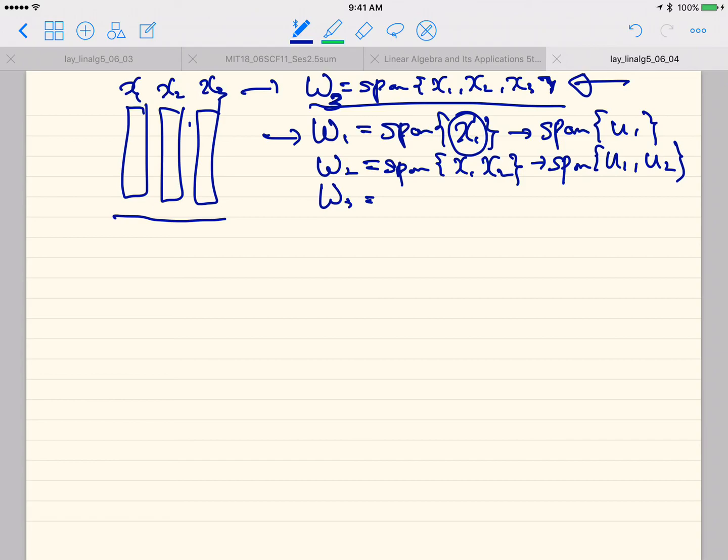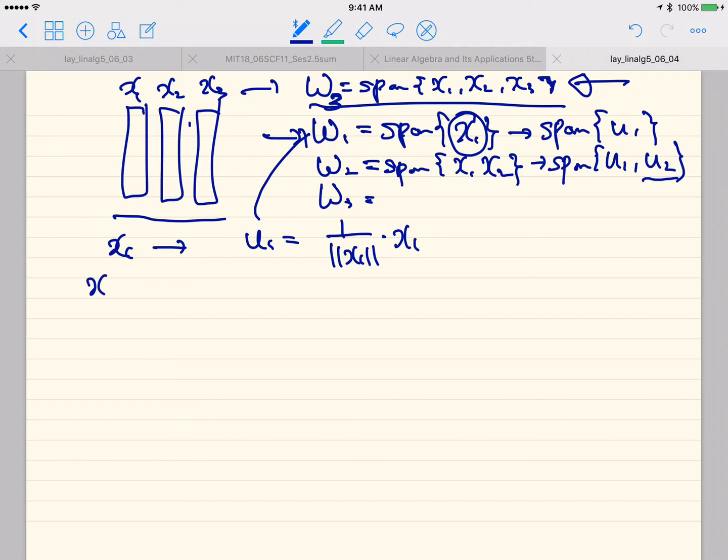Okay, so what we are doing can be described as follows. You are given x1, and then you just simply normalize this vector like this, and then this one will become also a normal basis vector for W1. Okay, and then let's try to compute W2.